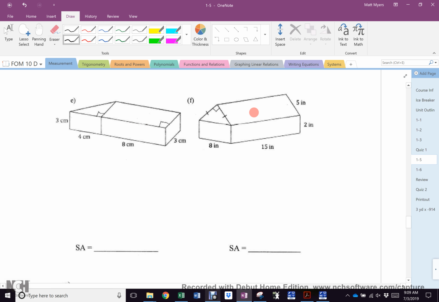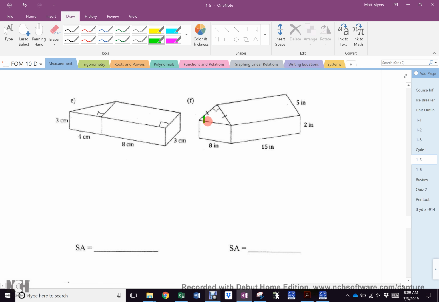When I say careful, I mean things like this. Is that green rectangle actually part of the surface area of this shape? Yes or no? Why not? Because it's not exposed. It's hidden away. Okay?